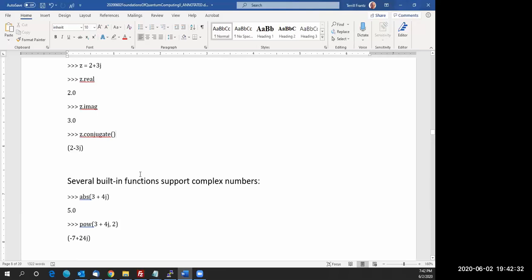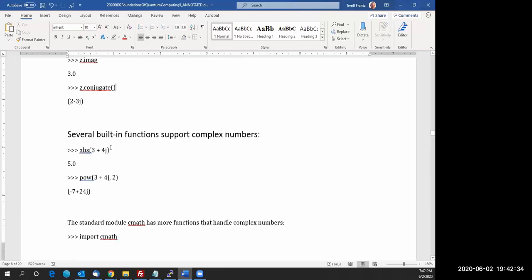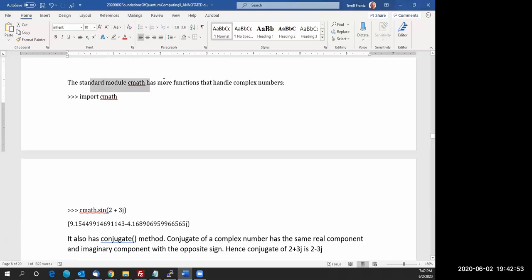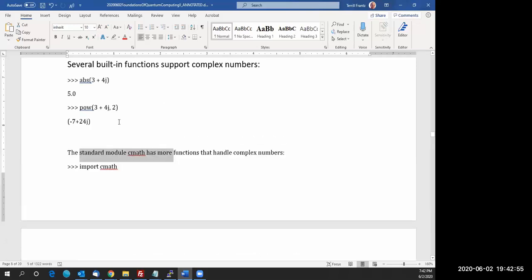There are several other built-in functions, absolute value of 3 plus 4j. As we found out, it's not 25, but it's 5. I forgot what POW is off the top of my head, but I'll just skip that for a moment. Exponential power.